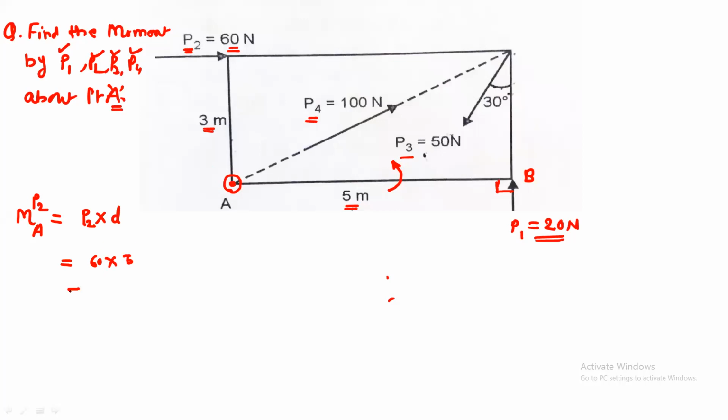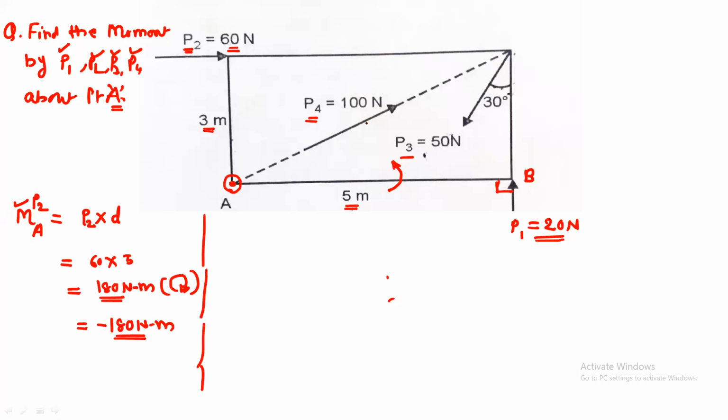So this is 180 Newton meter, and the sense of rotation is clockwise. So when we take this value in the calculation, we have to consider this as minus 180 Newton meter. And this minus means what? It is the clockwise rotation. Okay. So this is the moment by the second force about the point A.